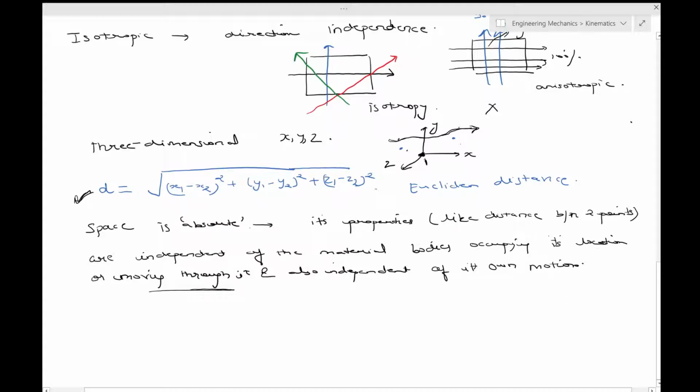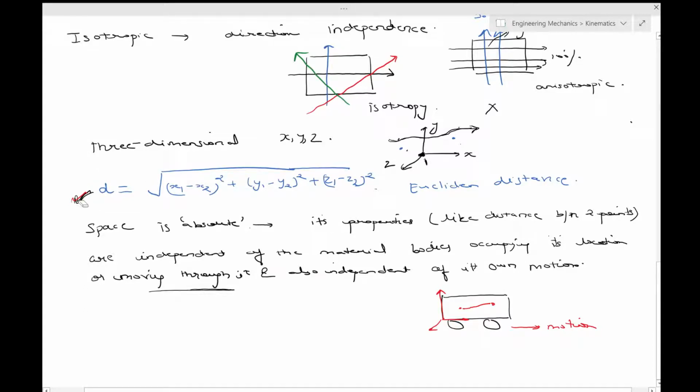It is also independent of its own motion. Now tomorrow, if this room was not actually a room but a car, that's the ugliest car I can think of, and you have your origin something like this. Now the distance between these 2 points will remain the same over here even if this car is in motion, because in this space the distance between the 2 points will be independent of its own motion.